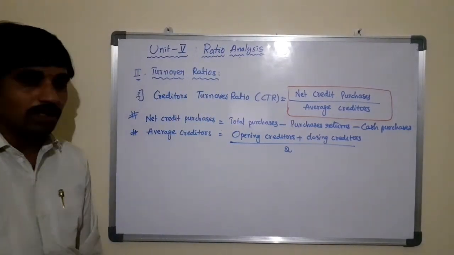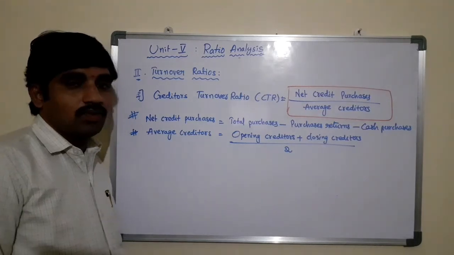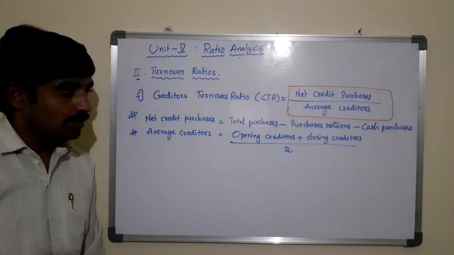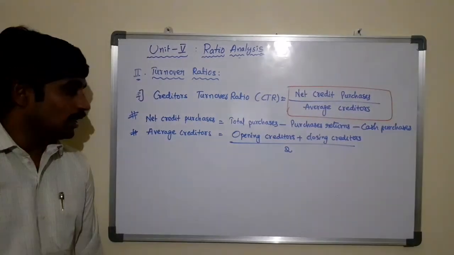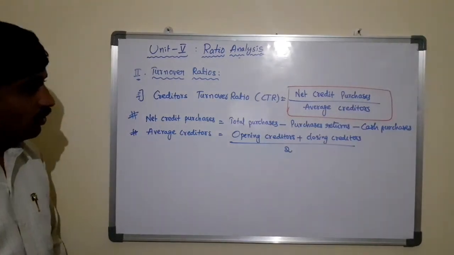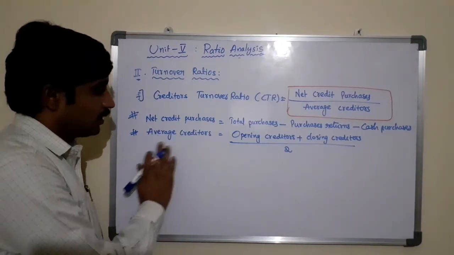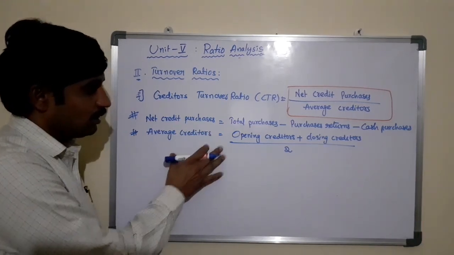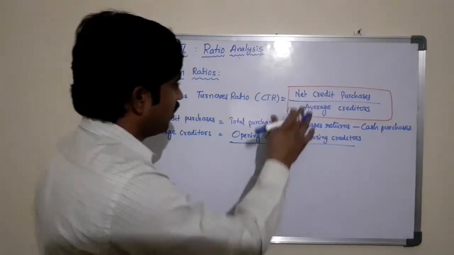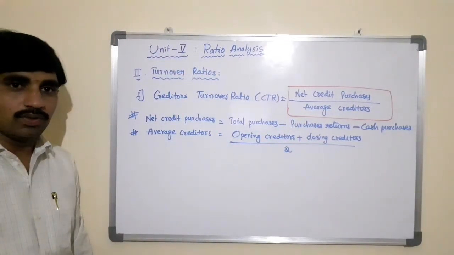This is the formula used to calculate the average creditors. Once you have calculated these two variables, net credit purchases and average creditors, we need to substitute them in the formula to calculate the creditors turnover ratio.